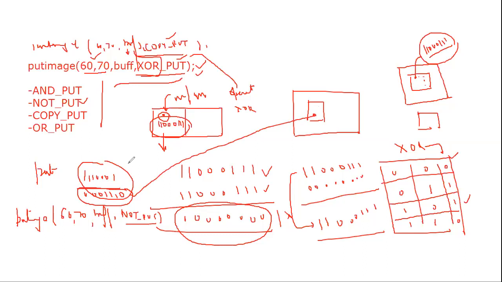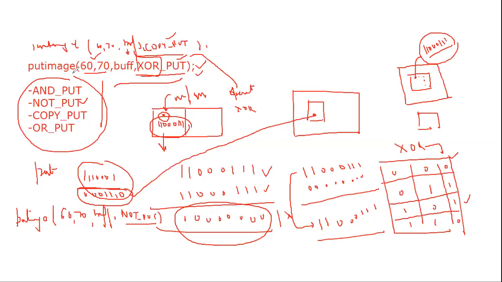Okay, I hope you are able to understand the working of these operations. So once again I'm repeating that put image will put the image from the buffer on the screen by performing an operation that can be XOR put, copy put, AND put, NOT put, or OR put.